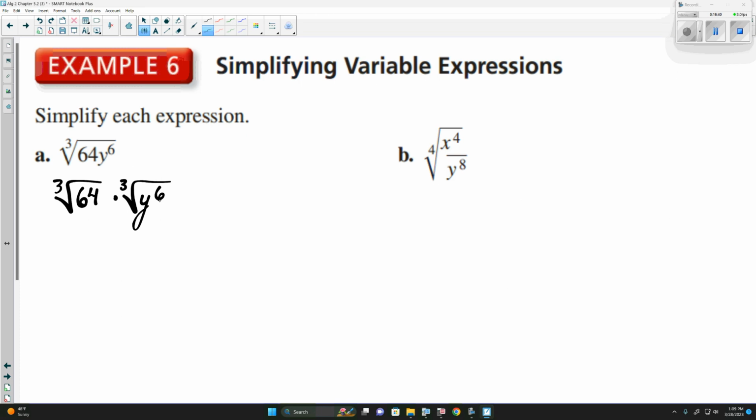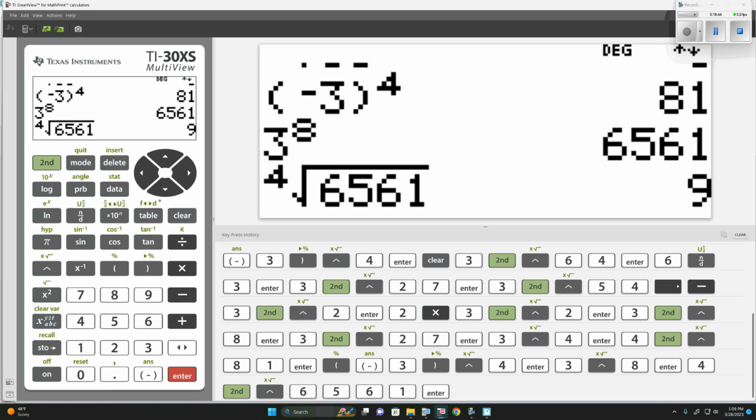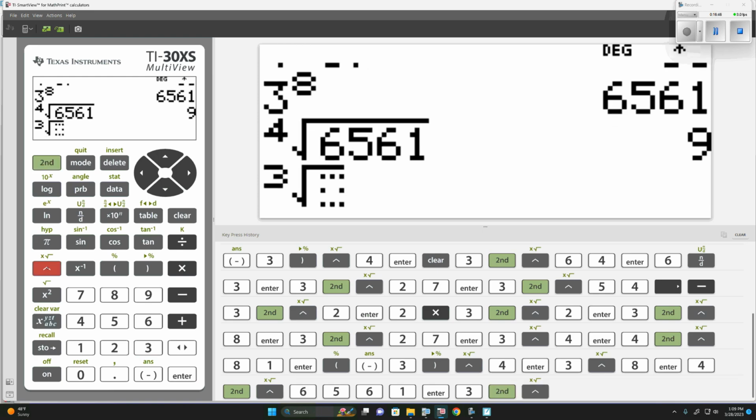Now, the first thing that I normally do, when I look at, say, the cube root of 64, is try plugging it into the calculator. Because if the calculator gives us a nice number, an integer, then we know it has an exact root, and that's it. If it gives us a decimal, then we're going to go through the process we've done before.